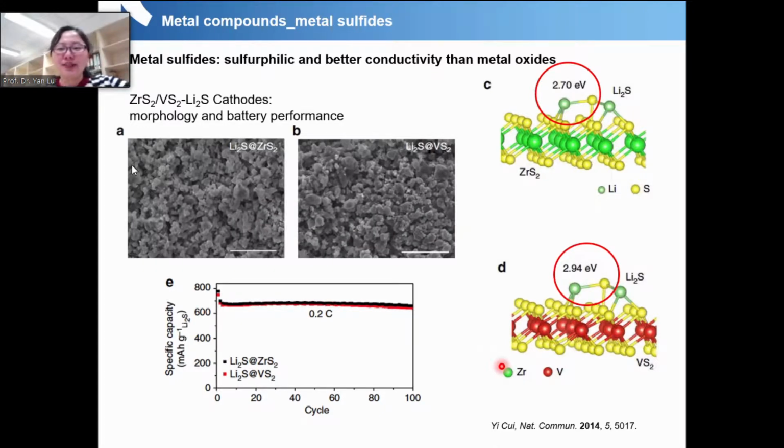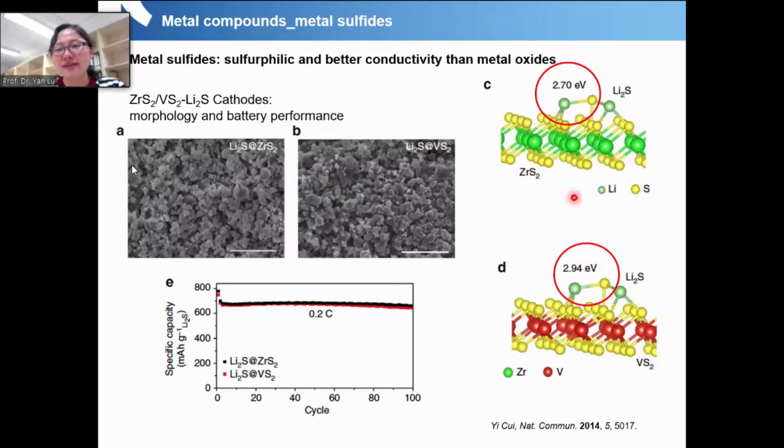So again, this is from Yi's group. He's from Stanford, and if we look into lithium sulfur batteries, he's one of the biggest names in this area. In their group, they're using titanium disulfide as well as palladium disulfide as a cathode.